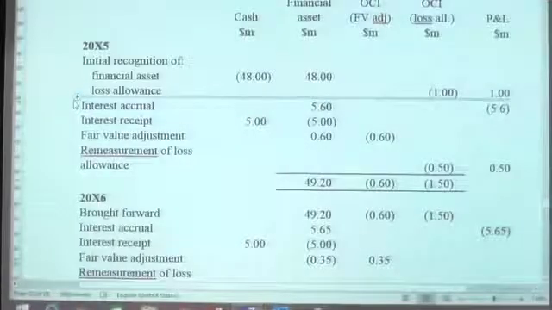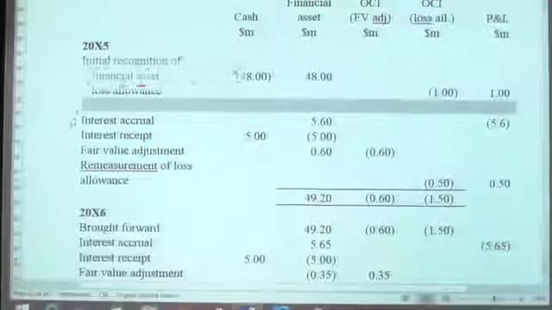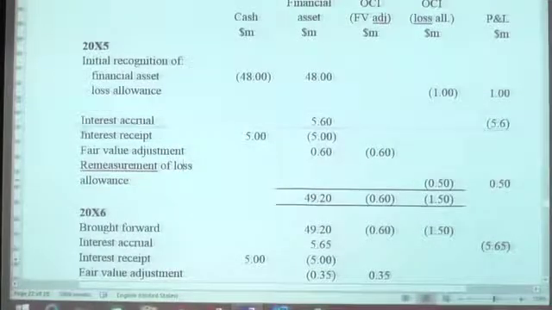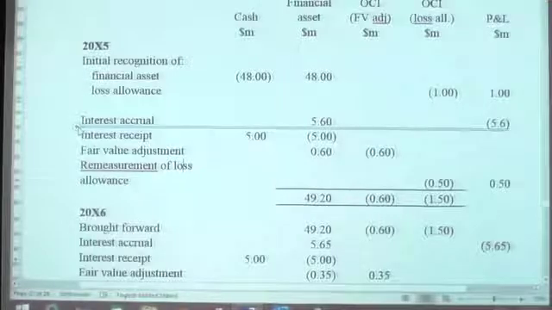P&L debit, loss allowance, OCI credit. Then you will recognize your interest for the first year, right? This is your interest entry. Asset debit 5.6, P&L credit. That's why I told you that credit entry is represented within the bracket, P&L credit 5.6.